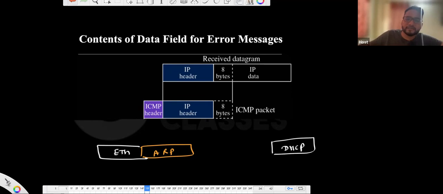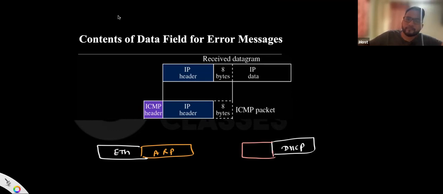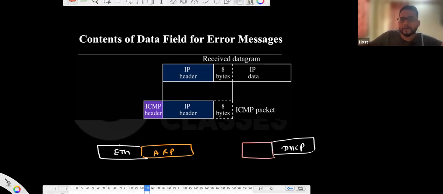It used to get encapsulated in anyone? Or maybe RARP? Sorry, RARP used to get encapsulated in Ethernet only. And what about DSCP or the BOOTP? These used to get encapsulated in a TCP or UDP packet, right? TCP or UDP.